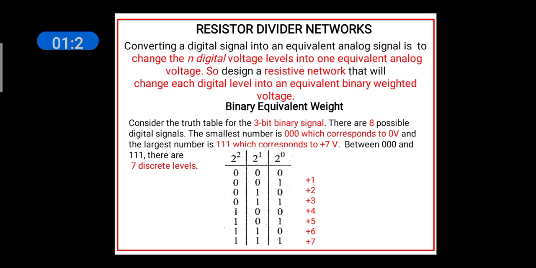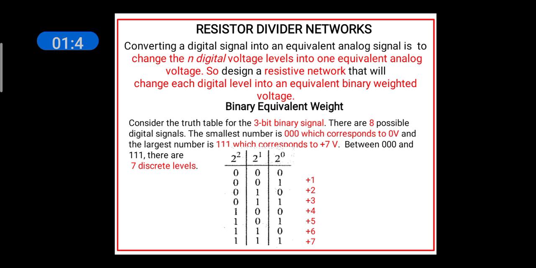So, we have to design a resistive network that will change each digital level into an equivalent binary weighted voltage. Now, what is binary weighted voltage, or what is binary equivalent weight?